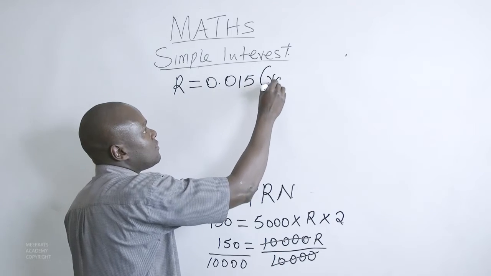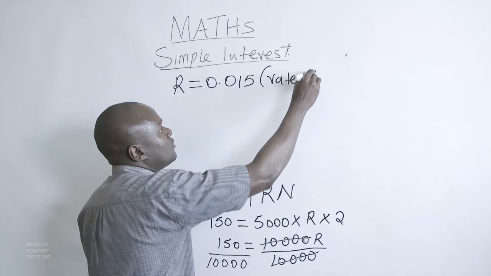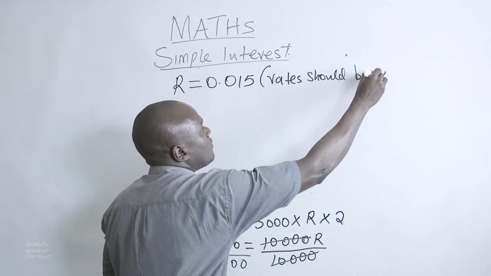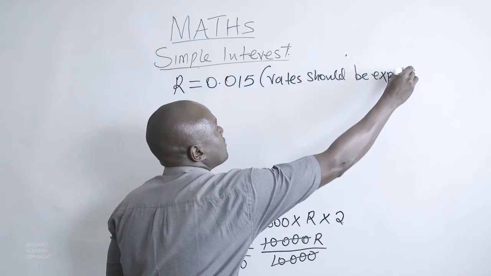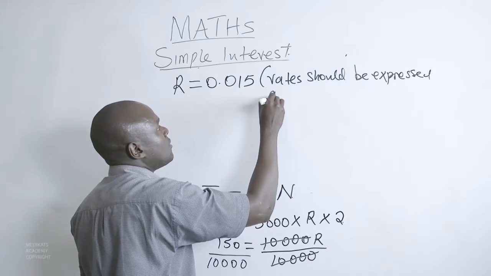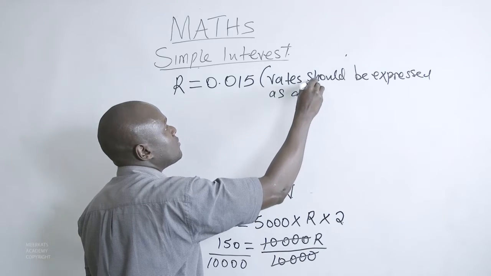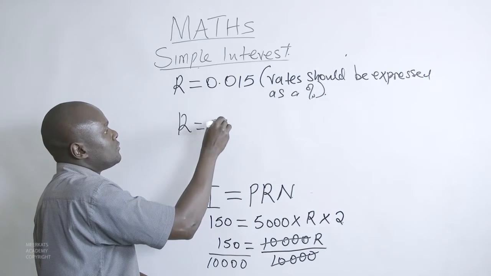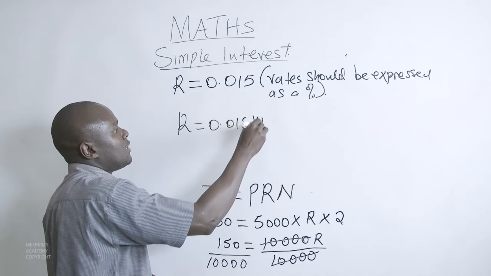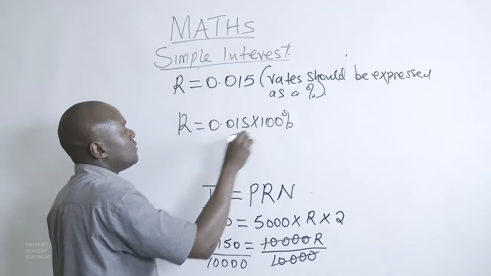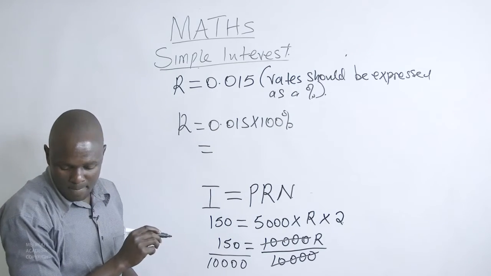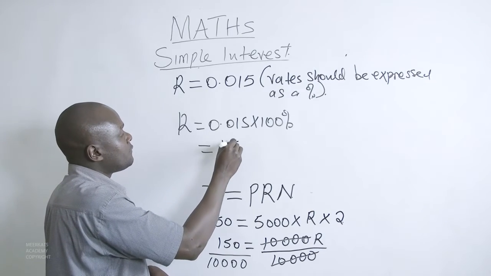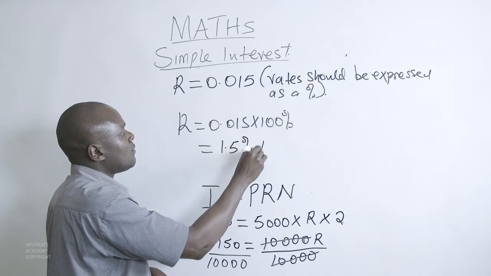So this rate will be equal to 0.015 times 100%, giving us 1.5% per annum.